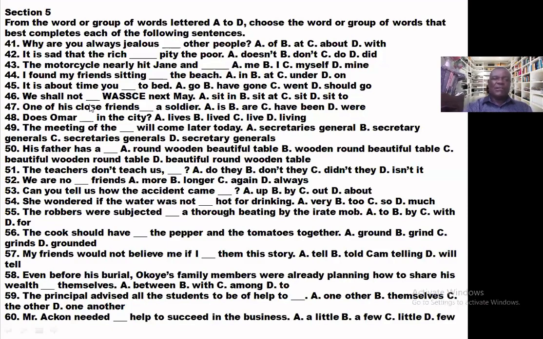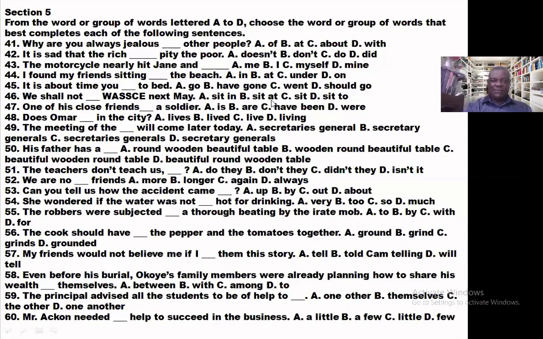46, we shall not dash Wassce next May. All right, so we have option A, sit in, B, sit, C, sit, and D, sit to. Of course, the appropriate answer is sit. You have a double option here.